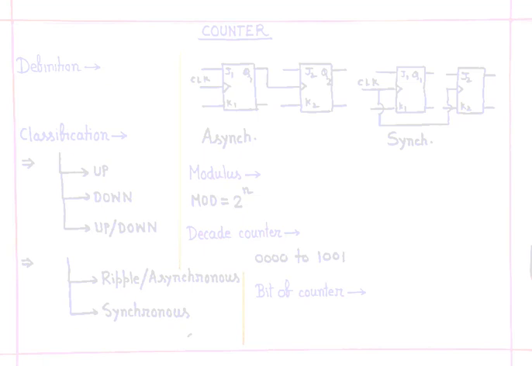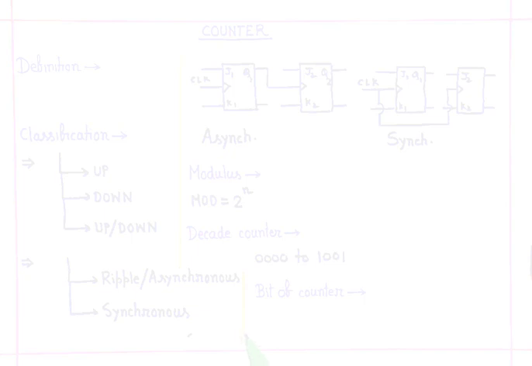Now in my upcoming lectures regarding counter, you will notice that I am using terms like 3-bit counter, 4-bit counter. So what is bit here? Actually this bit is represented by flip-flop.